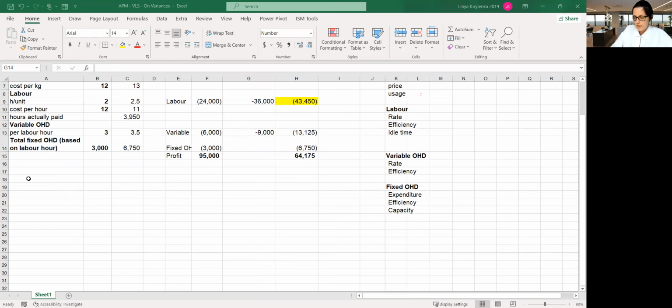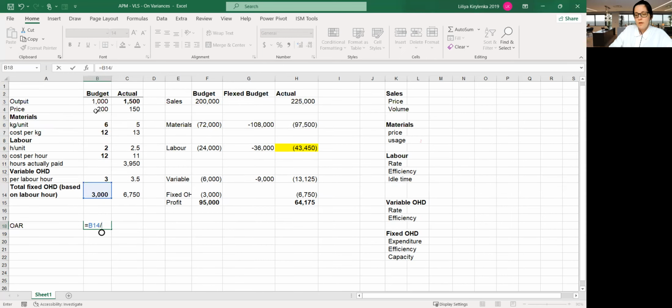Overhead absorption rate is calculated based on budgeted information. We say, okay, we were planning to spend 3,000 on overhead, and we were planning to get an output of 1,000. So we were planning to get $3 of fixed overheads per unit of production.